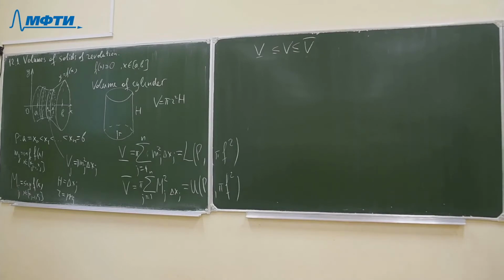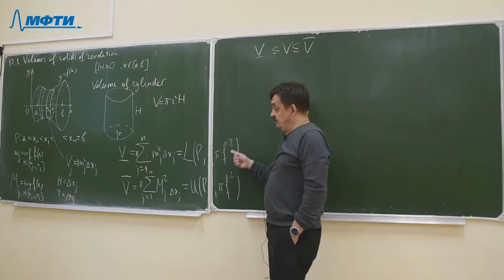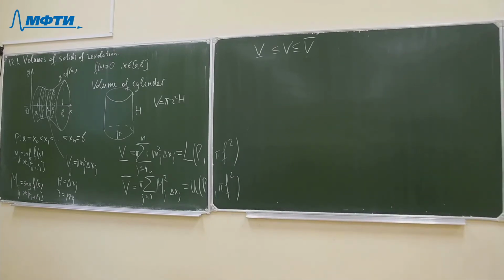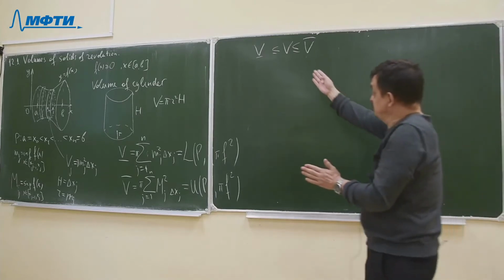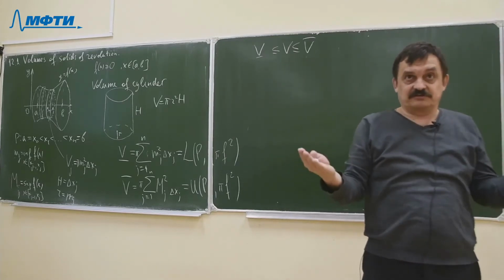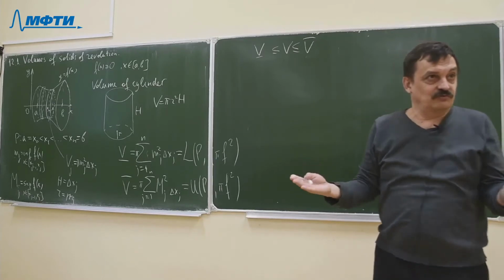So if the function f squared is integrable, then for sure the lower and upper Darboux sums can be made closer and closer to each other. And which number is always between them? Only the integral.